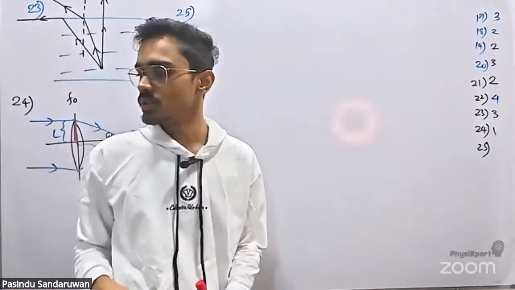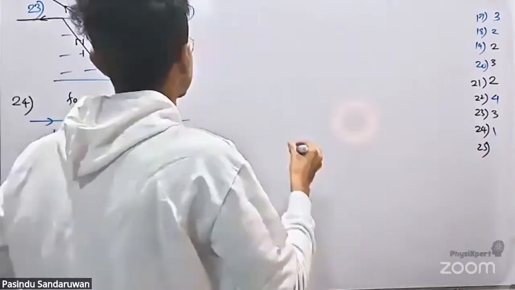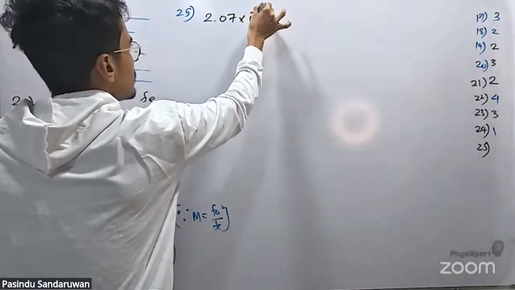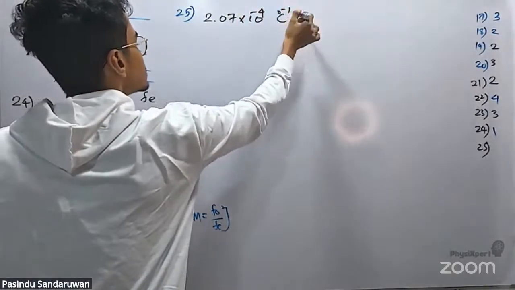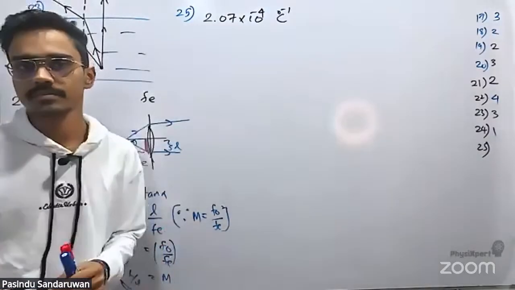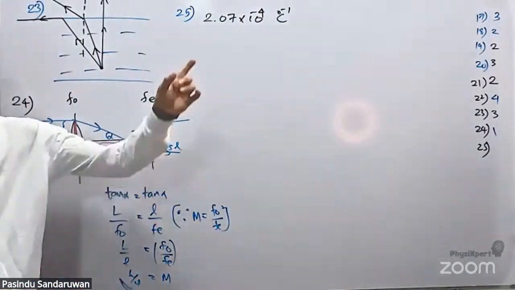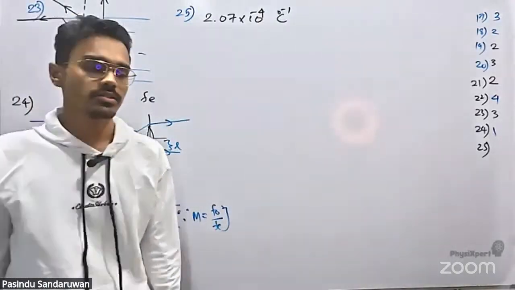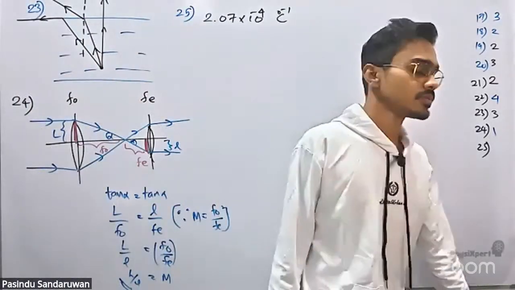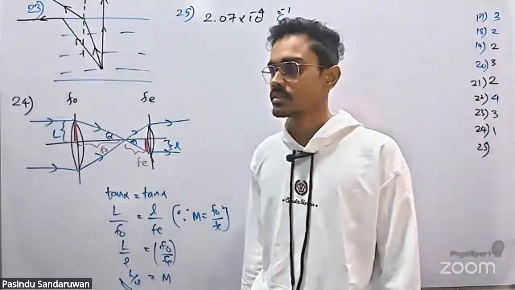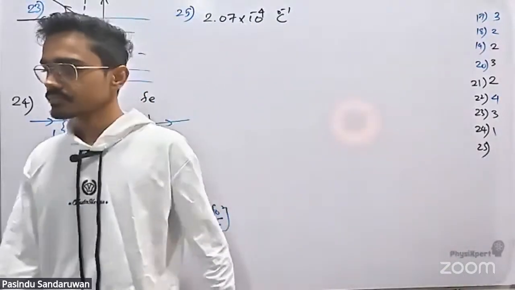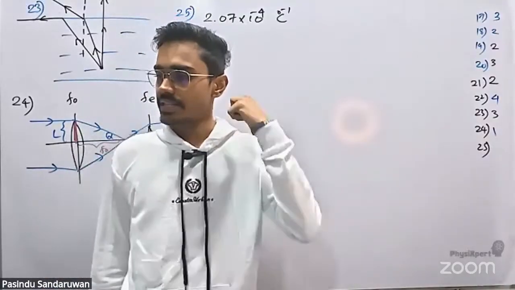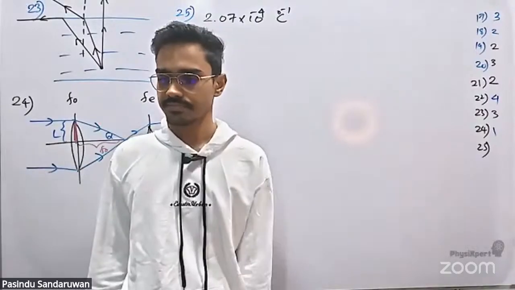It should be 2.07 times 10 to the power minus 4 per degree Celsius. Make the correction. What is how much the sea level is raised when the temperature increases by 1 degree Celsius?